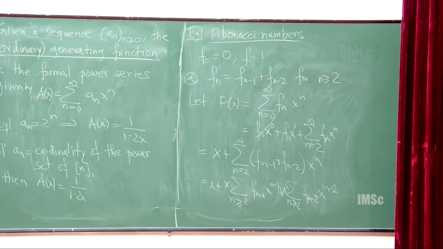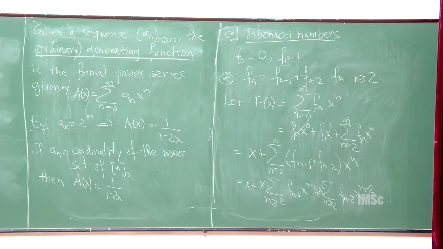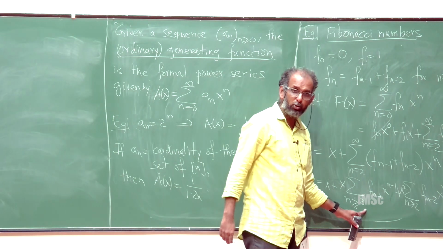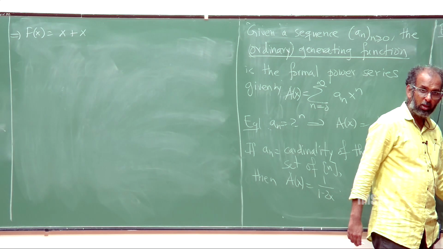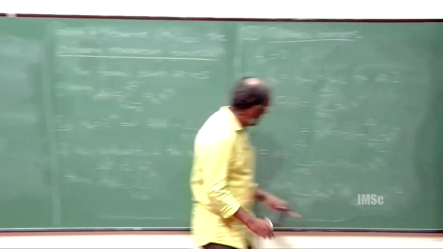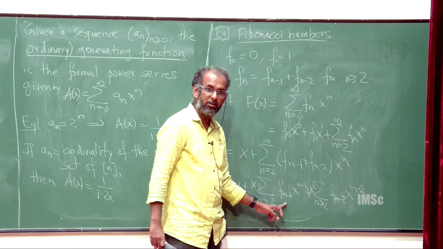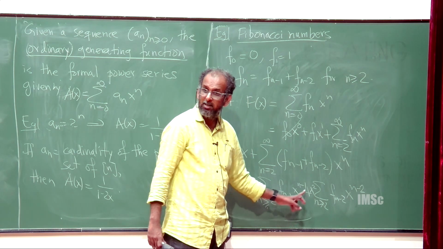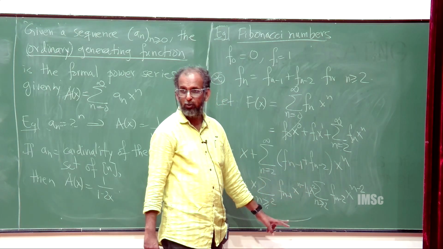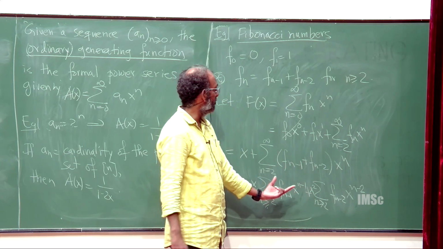So let's write it. f of x is x plus x times the sum for n greater than or equal to 2. Basically, what is the first term here? f1 x^1, the next term is f2 x^2 and so on.